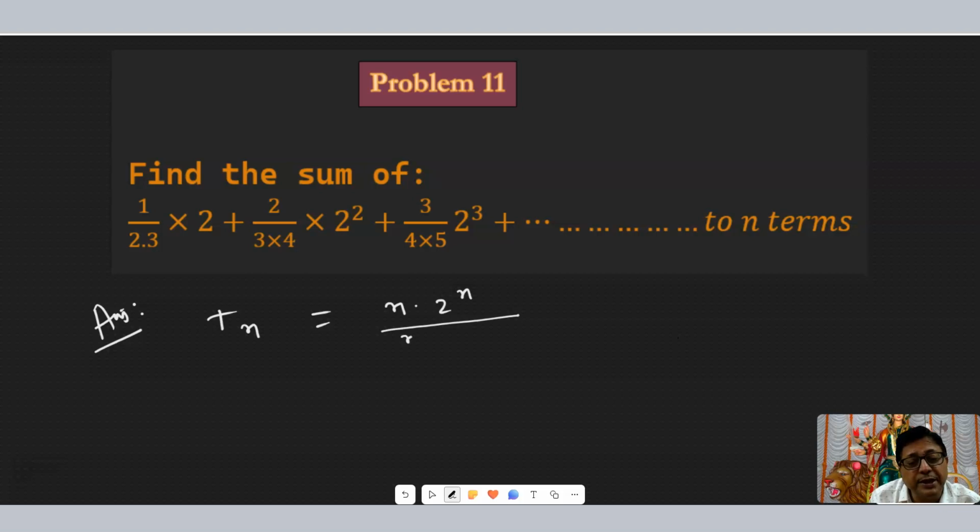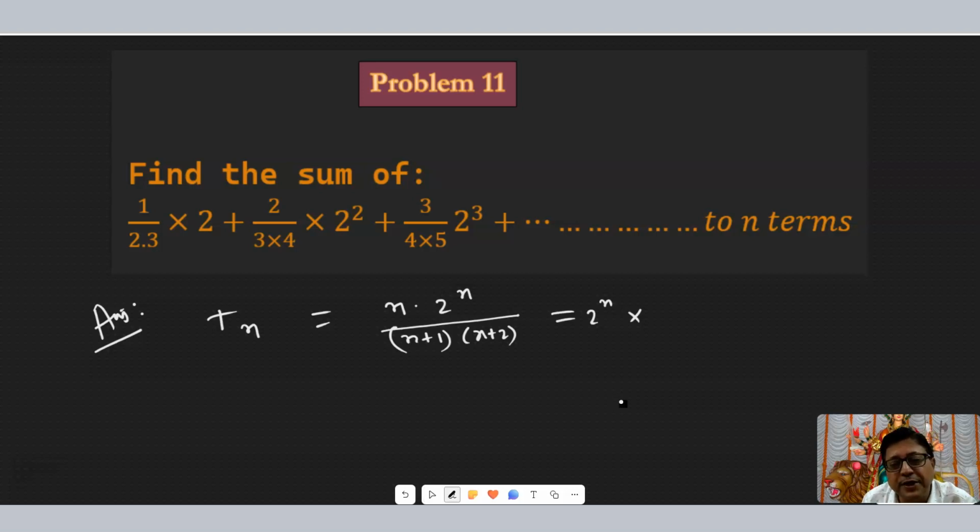And here it is n plus 1, the nth term, into n plus 2. Can this be telescoping? Let's see. This is also a telescoping series. 2 to the power n may be multiplied over there, it doesn't matter, but it is telescoping. But for you, this may be different. I'll discuss in another video how to simplify this kind of thing by using partial fractions.